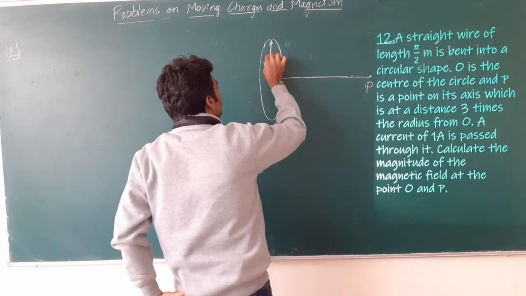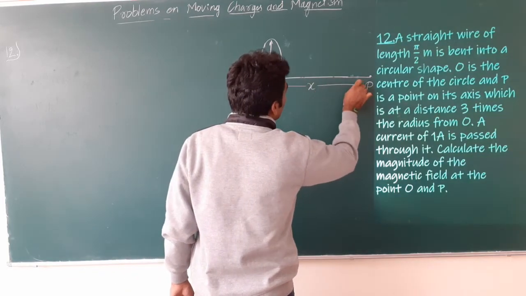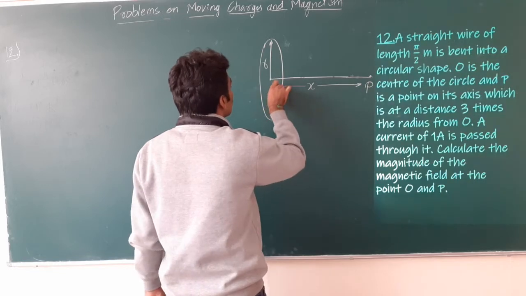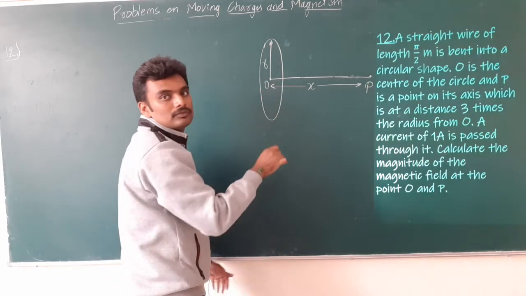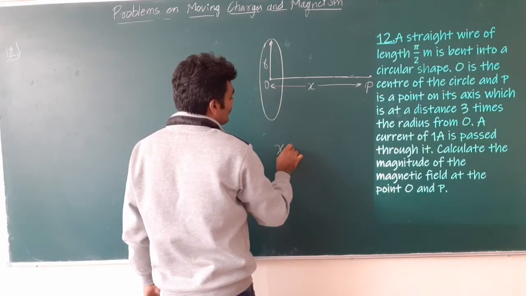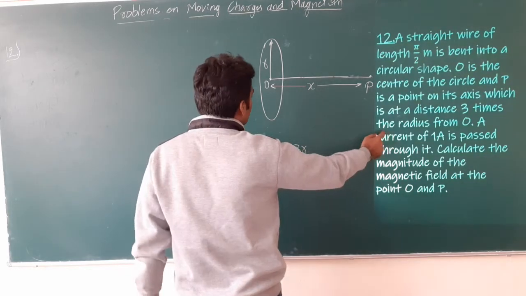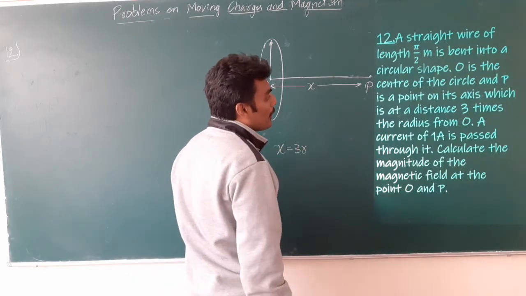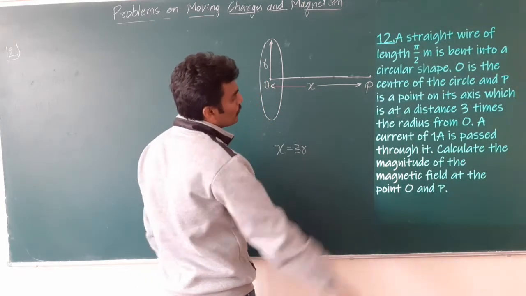Let me take the radius as R, and you all know that we took this distance as x, right? So remember the formula. And this point is O, right? What is given here is x is equal to 3r, 3 times the radius from O.